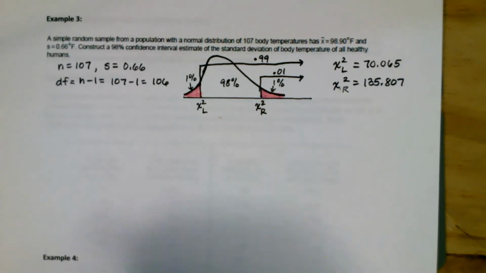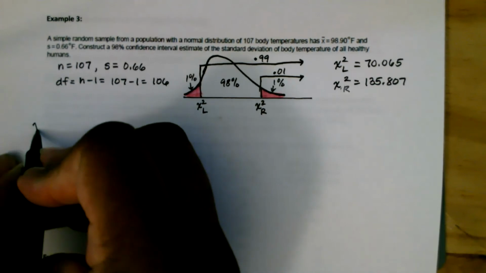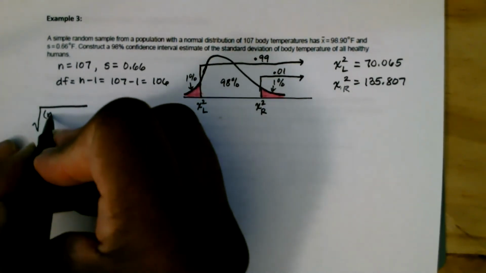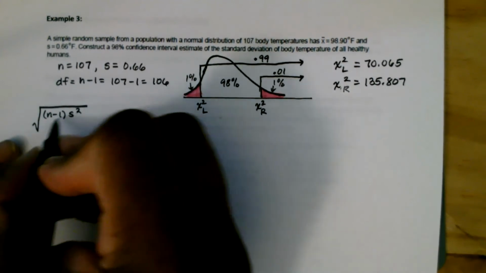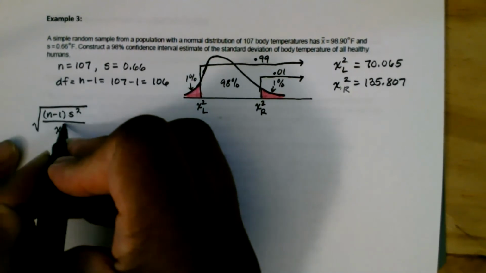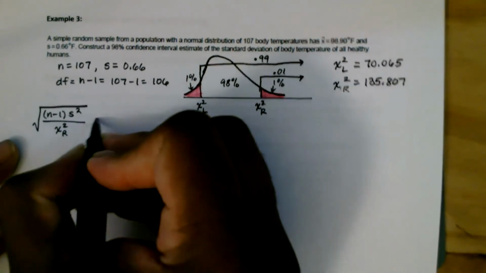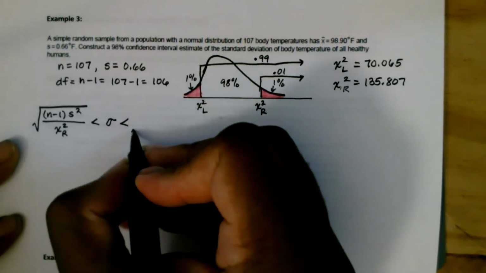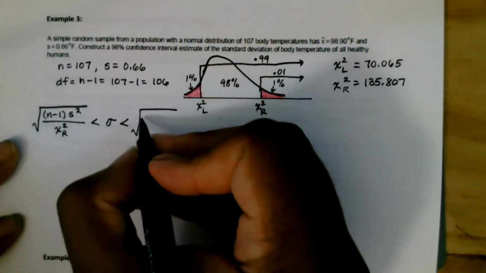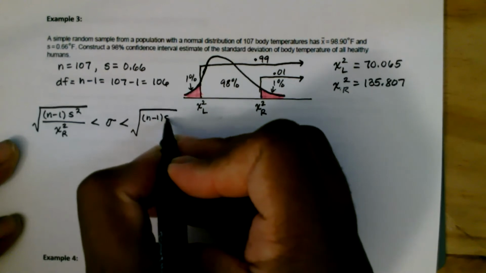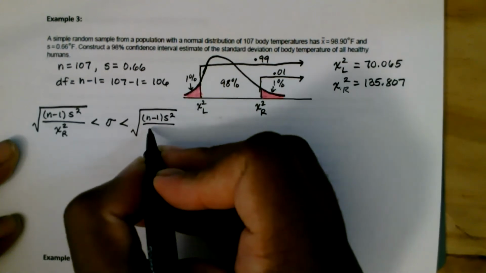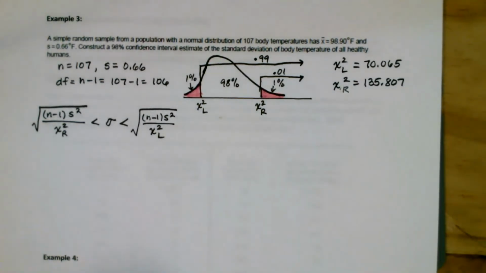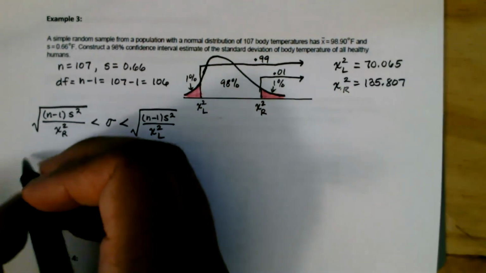And then we go ahead and do our confidence interval, which is the square root of n minus 1 times s squared divided by the chi-square value on the right, that's less than sigma and less than the square root of n minus 1 times s squared divided by the chi-square value on the left. Then we do our substitution here.